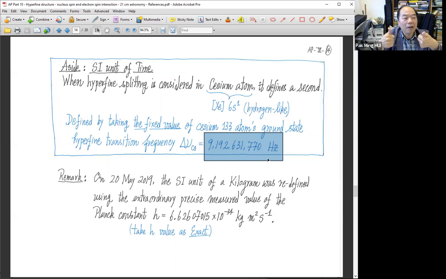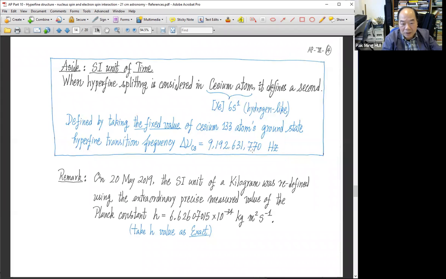Flip the number, it becomes the definition of 1 second. You see? Okay, that is how science goes. I don't know, 20 years later, maybe there's another new definition, because some other experiments will become more accurate than this. Usually, the most accurate, experimentally accessible quantity will be used as the definition.